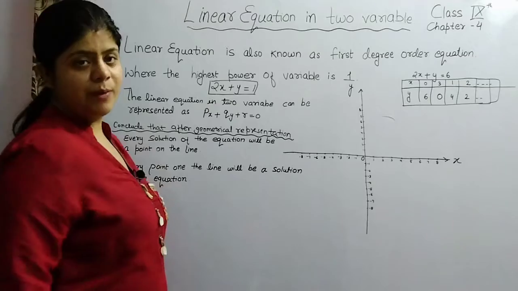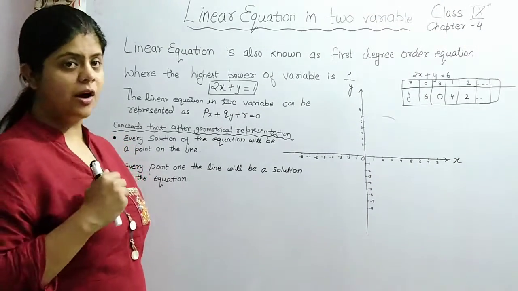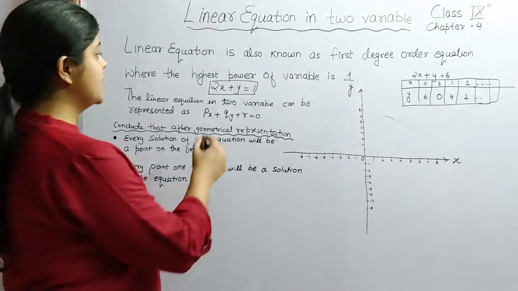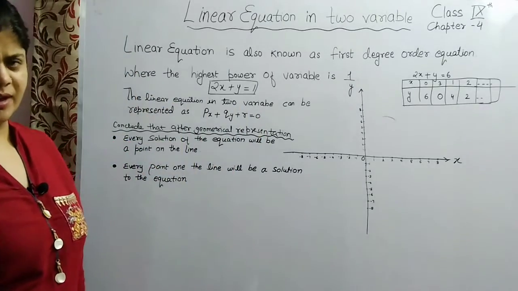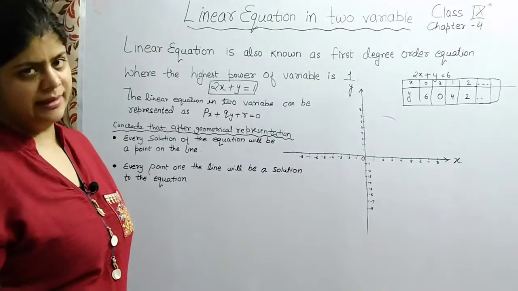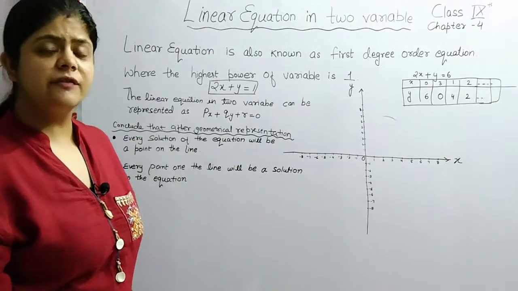Where the highest power of variable is 1, then we call it linear equation. The example of linear equation is 2x plus y equal to 1. Why do we call this linear equation? Why not polynomial? Yes, we can say it is a polynomial. What is the difference between both?